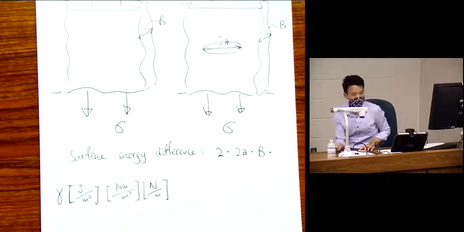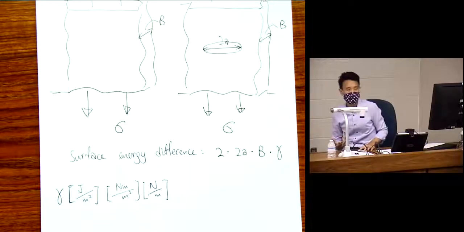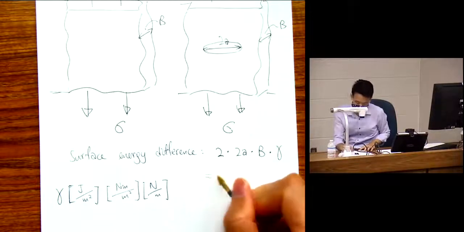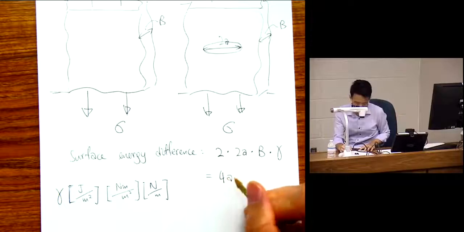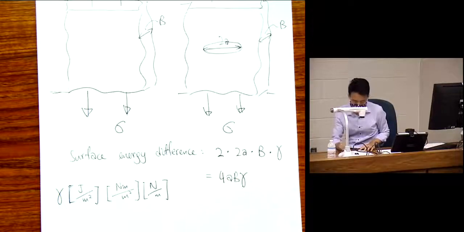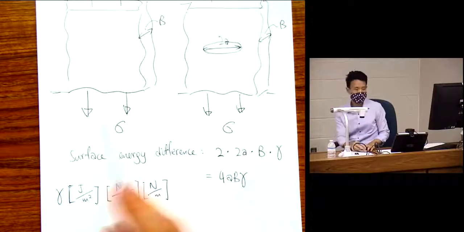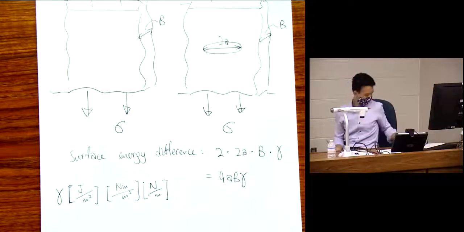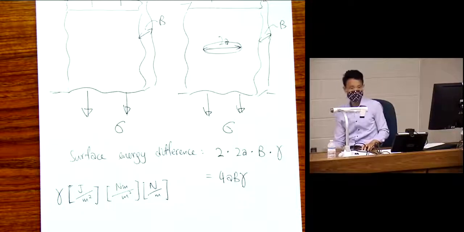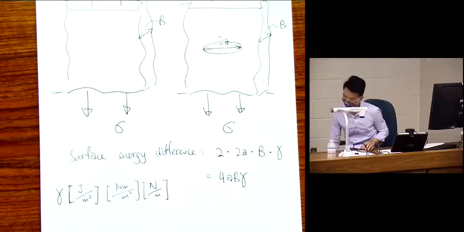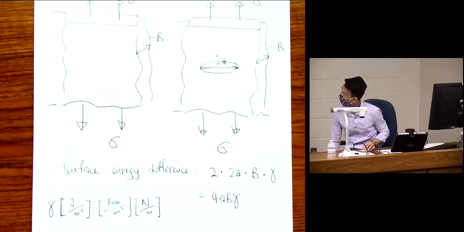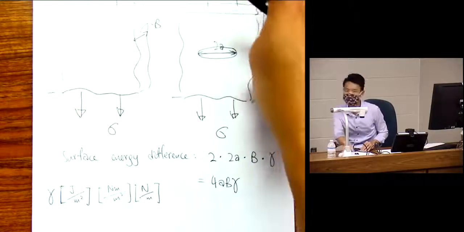And we just take that total surface multiplied by the surface energy density. So this is the difference in the surface energy between these two configurations.